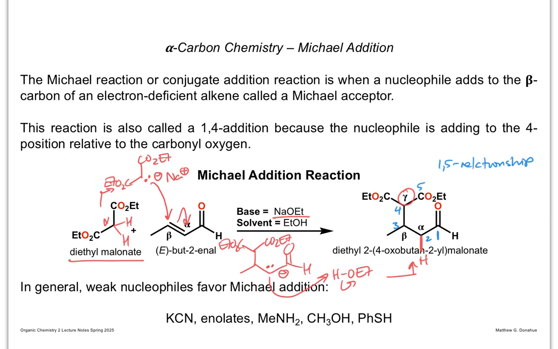So whenever you have that relationship between carbonyls 1 to 5, you can make that through a Michael addition. A Michael addition is also called a 1,4 addition. So those are just terms that are used in the same manner.